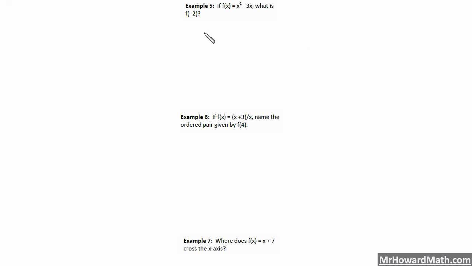All right, so a little bit different situation here. We're no longer looking for the x and y-intercepts in the domain. It's asking us if f of x is equal to x squared minus 3x, what is f of negative 2? So f of negative 2 is going to be equal to negative 2 squared minus 3 times negative 2.